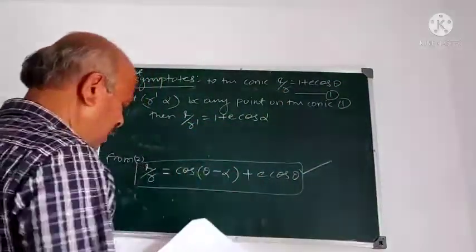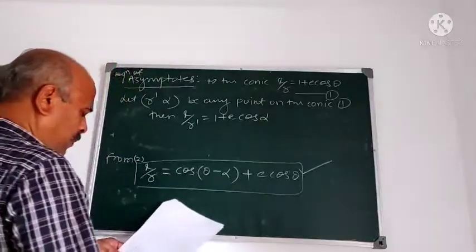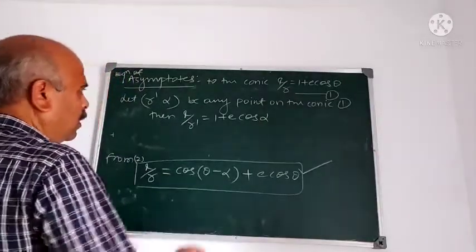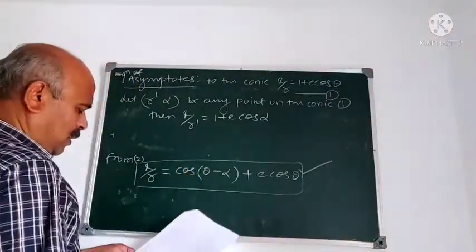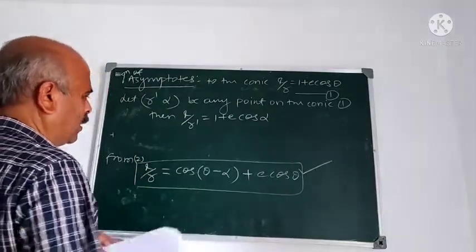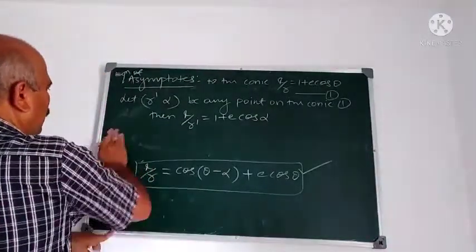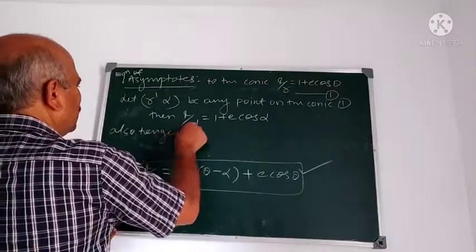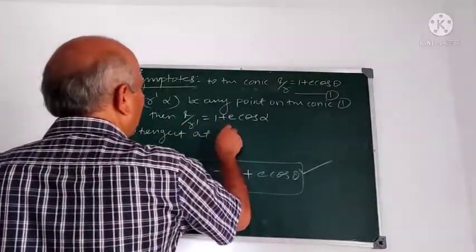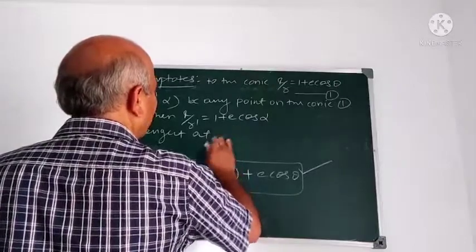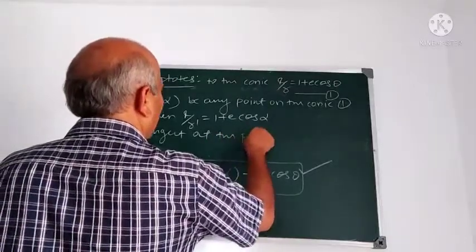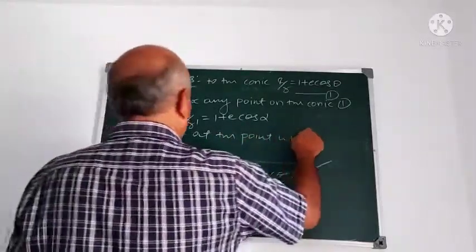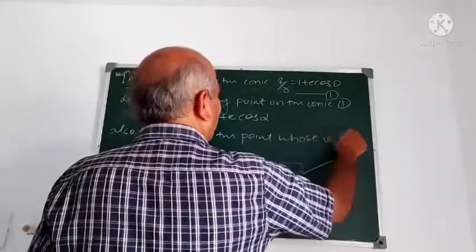Now, what is the asymptote? What is the tangent? Also, tangent at alpha means tangent at the point whose vectorial angle is alpha.